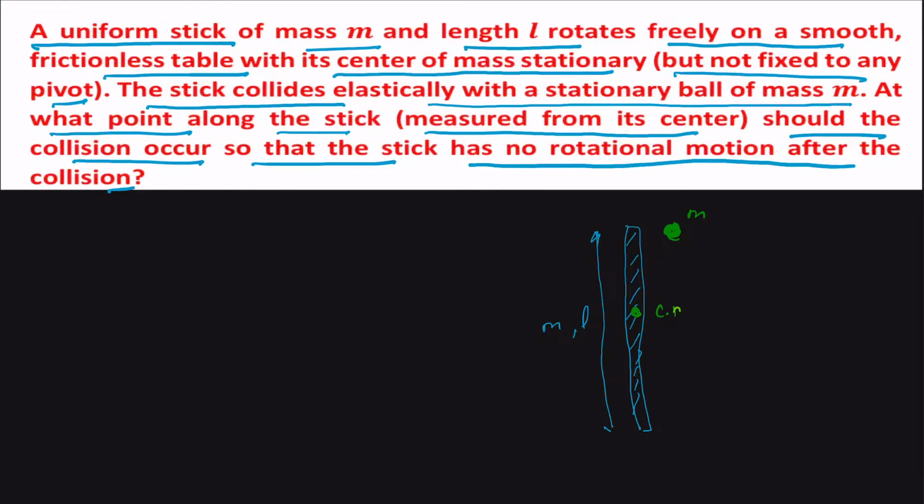So let us suppose this is the center of mass of the stick, and in this case we assume that if omega is the angular velocity of the stick, so we can say that our stick is spinning about the center of mass, and mind that the center of mass is stationary, okay, about center of mass with angular velocity omega.